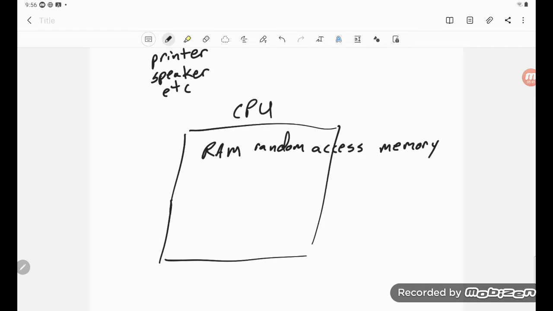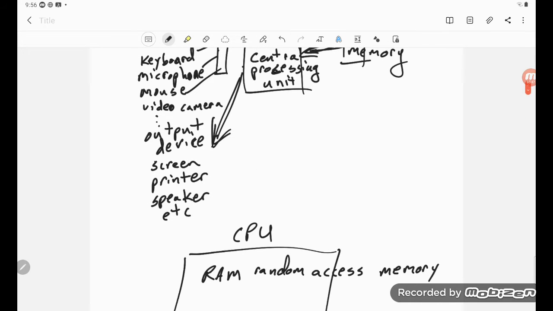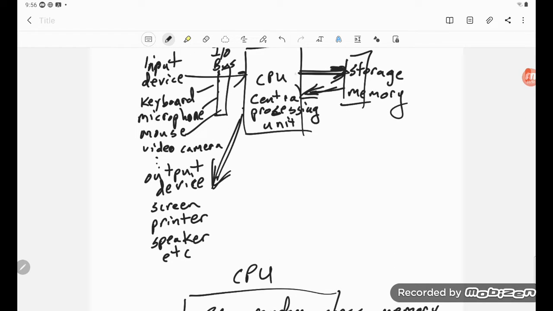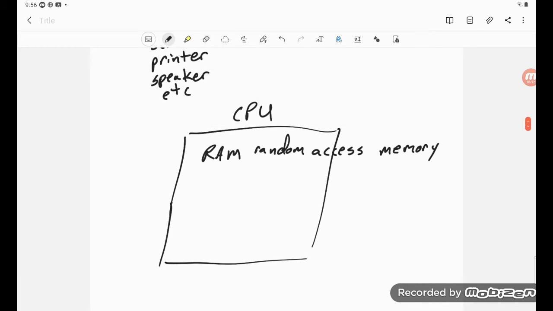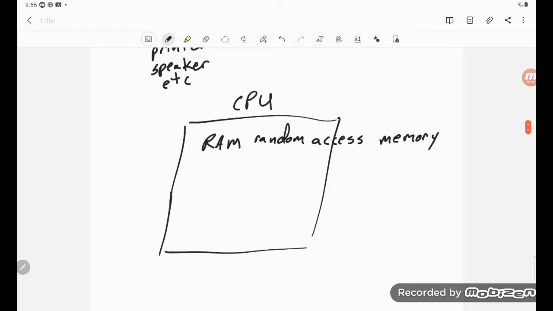And in terms of doing this work up here, it is much, much slower when the CPU has to go to the main disk and get that storage memory, get things from there and bring it back. Now, it's way fast in our terms, but it's way slower than anything that's already in the RAM, or the random access memory.